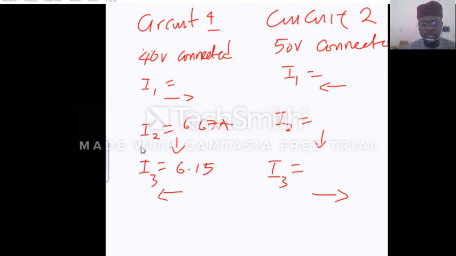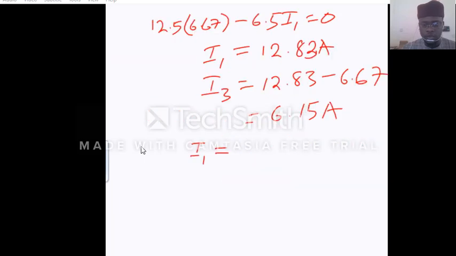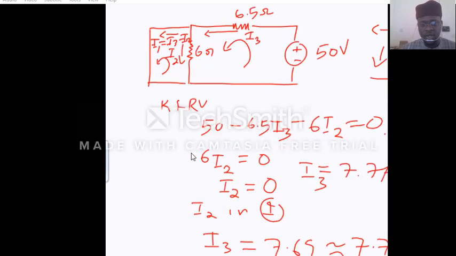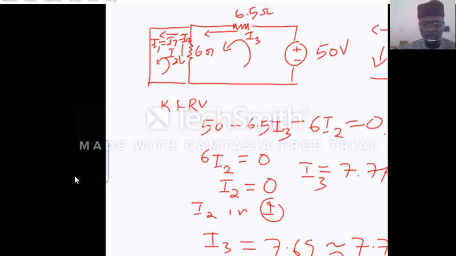So what do we expect the total current to be when both the two power sources are connected? We go back to see the direction and then get back to our final solution. So this is current I1, I2 and I3 when 40 volt is connected, and these are their directions.